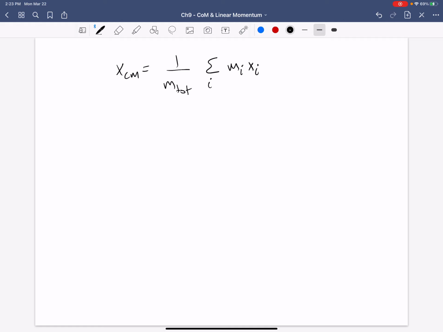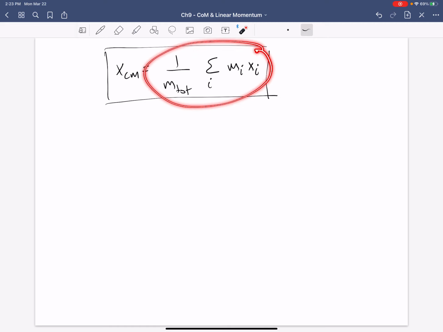So we're using summation notation here. And it doesn't matter if you just have 1 particle, 2 particles, or 18 particles, right? This algorithm here will give you the position of the center of mass, right? Because notice the masses themselves will cancel.